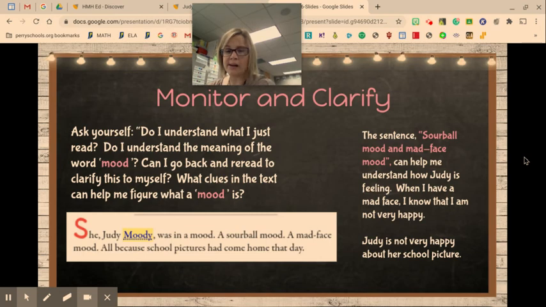I know that when I have a mad face, I am not very happy. And so I can take that information to help me understand what mood means and to know that Judy is not very happy about her school pictures.